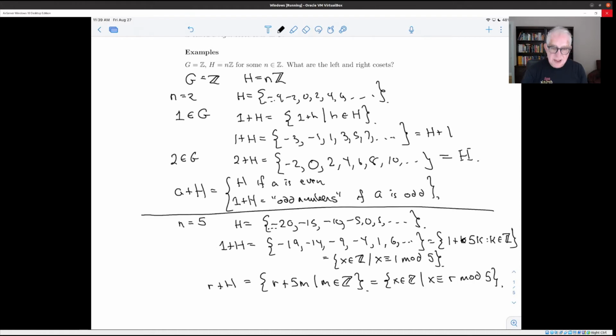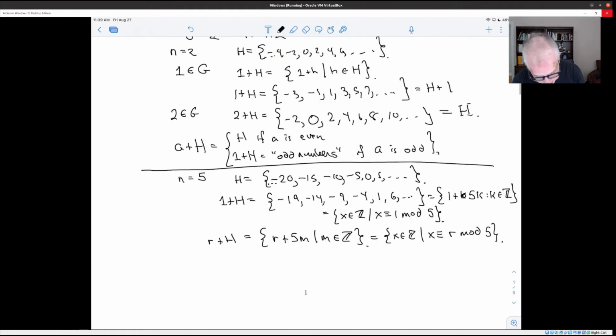In other words, the coset is again an arithmetic progression. And we know that r plus H is the same as s plus H if and only if r is congruent to s mod 5. Because the collection of x's which are congruent to r mod 5 and the collection of x's which are congruent to s mod 5 are identical if r and s are congruent mod 5.